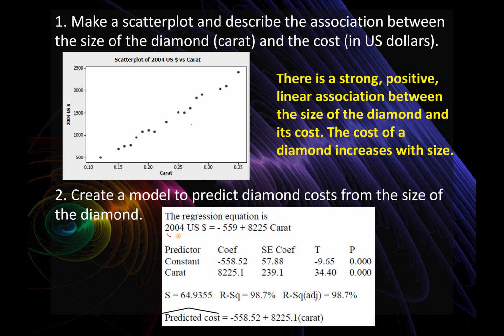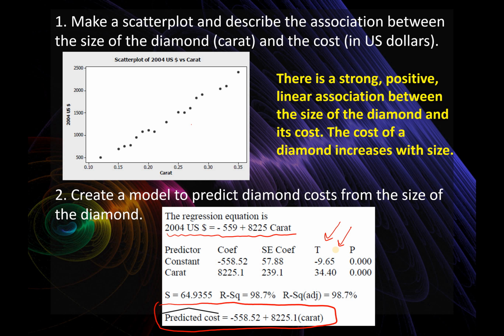Now they are missing a couple of things. What they're doing here first is they're saying this is the general equation that they came up with. That's not really what we're using. What we're going to be using is this guy down here, because we're trying to make the predicted cost. This is just setting you up, showing you which order your variables are going in. Don't worry too much about this stuff here.